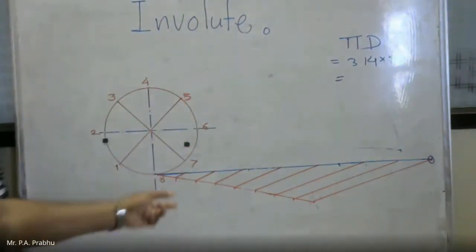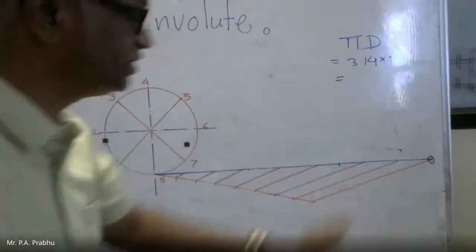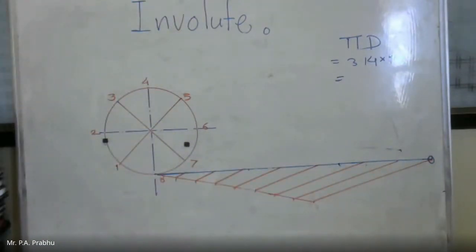So using the graphical method, divide this length of the string also into 8 equal parts.